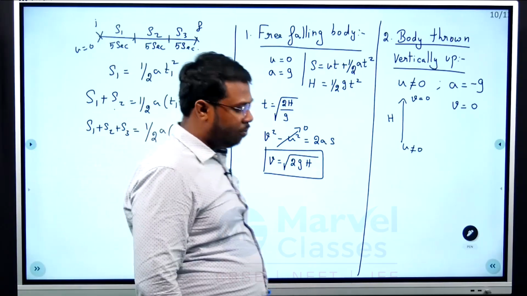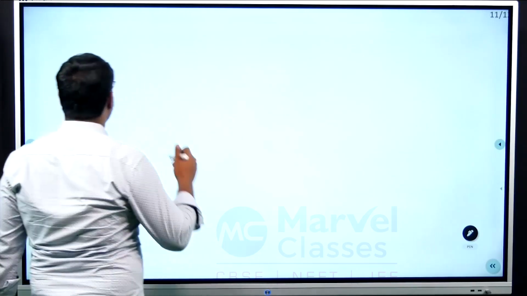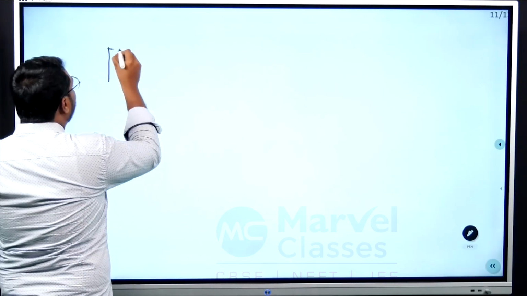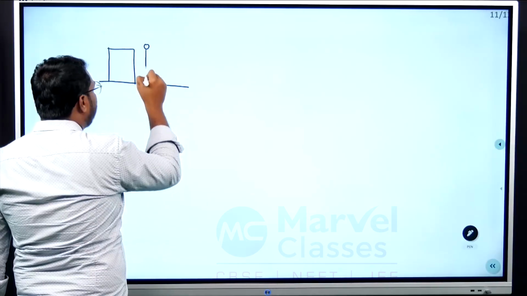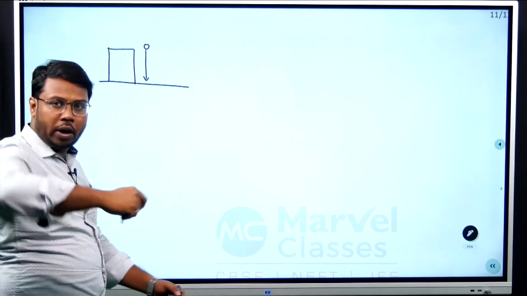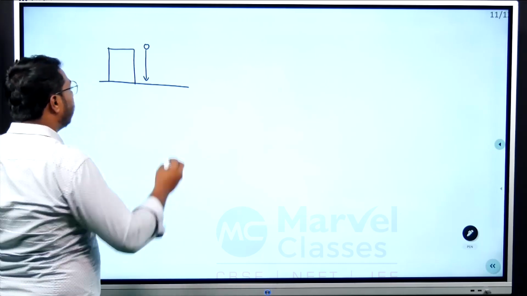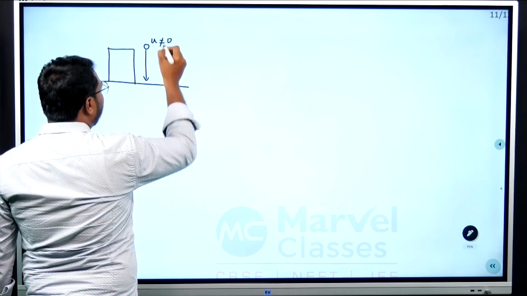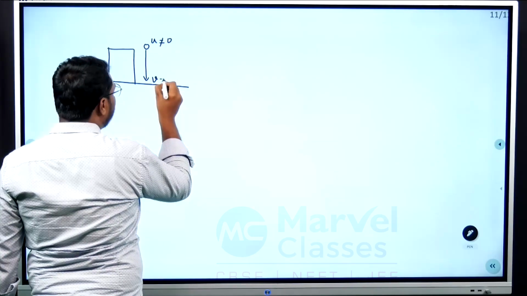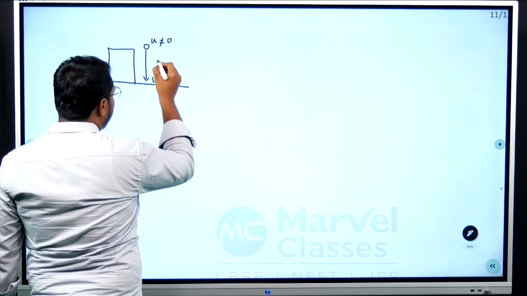Now, in the same way, when you throw it vertically down, let's see what is going to happen. You are standing on top of a building, and you throw a body vertically down. In that case your initial velocity is definitely not equal to 0, and your final velocity is not equal to 0.